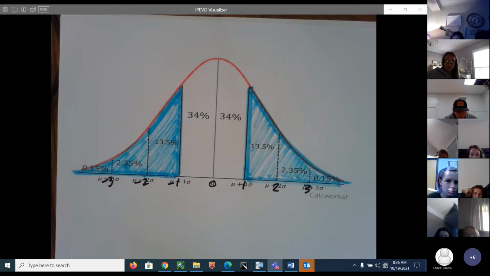Equal. Equal, yes. I'm looking for an S word. Symmetrical. Symmetrical, good. Write that down. Let's write that down in red, because if it is symmetrical, you don't have to do as much work.